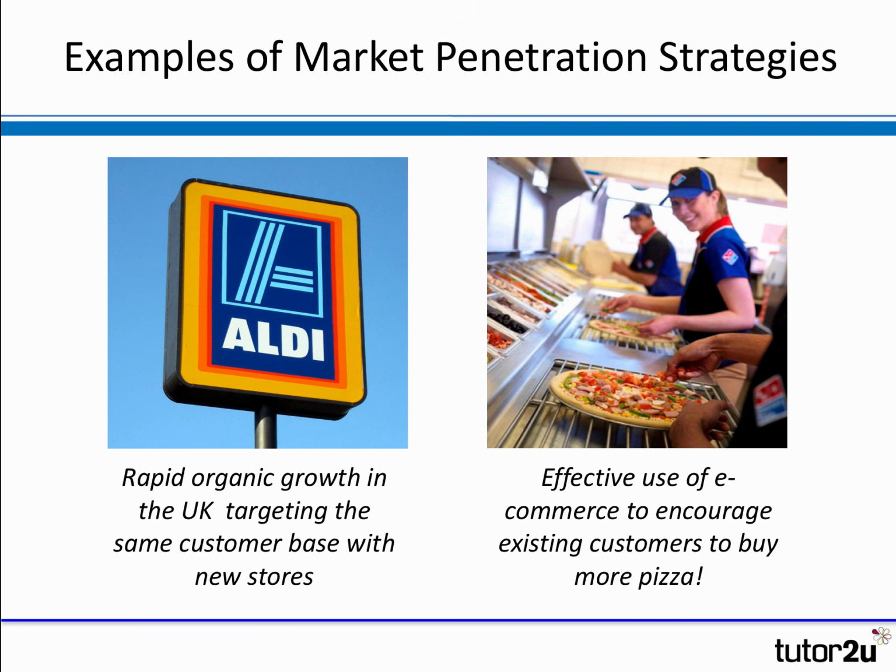Aldi trying to build its market share of the UK discount grocery market by opening as many similar stores in suitable locations around the UK. And of course, Domino's Pizza, the classic organic growth strategy, the classic market penetration strategy, aiming to have over 2,000 outlets in the UK. And a wonderful example too of how to use technological change such as e-commerce to support a market penetration strategy.